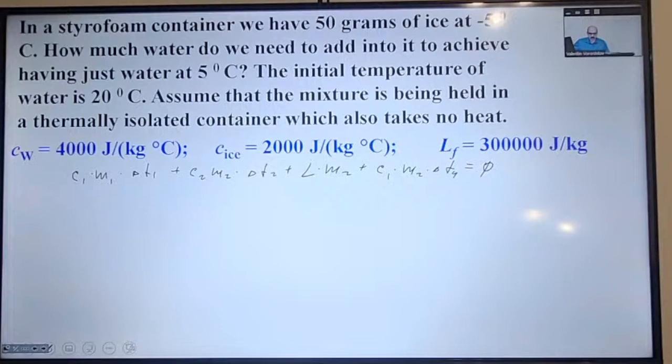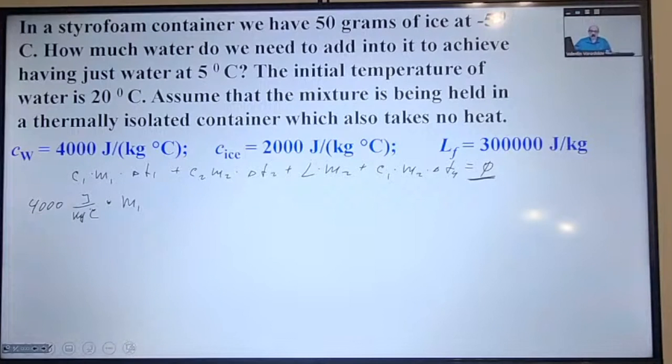Now let's start writing numbers. And remember, because everything is equal to 0, we actually can use mixed units. Well, again, let's see. 4,000 joules per kilogram Celsius times an unknown mass. Of course, we can just leave an empty space.